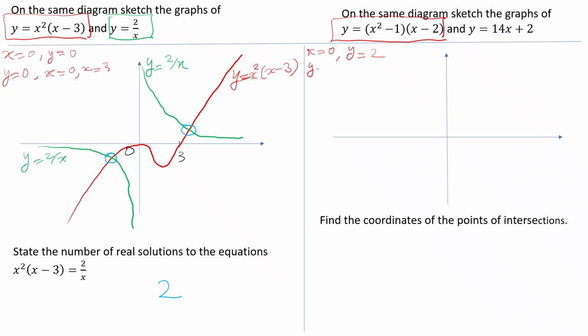Then y equals 0, x equals 2, and we can factorize x squared minus 1. We can factorize x minus 1 and x plus 1. So x equals minus 1 and x equals plus 1.